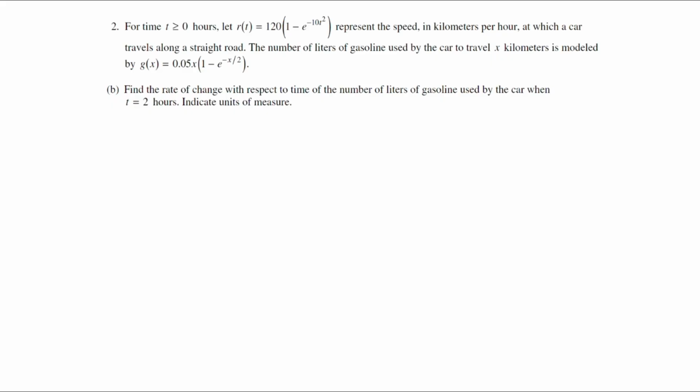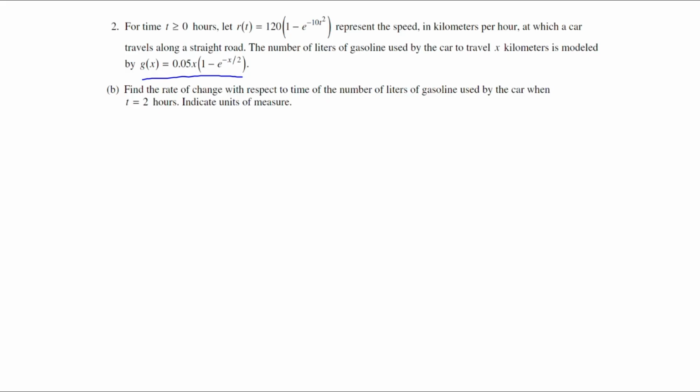In part B, it says find the rate of change with respect to time of the number of liters of gasoline used by the car when t equals 2 hours. So we're looking for the rate of change of the number of liters of gas used. Well, the number of liters of gas used is g of x.